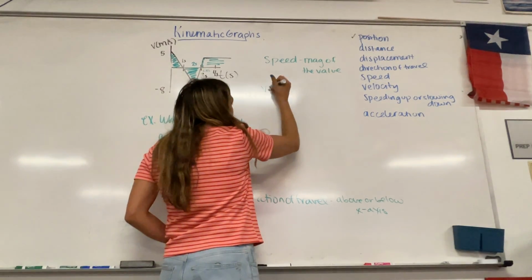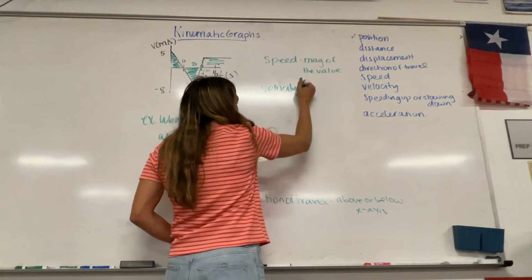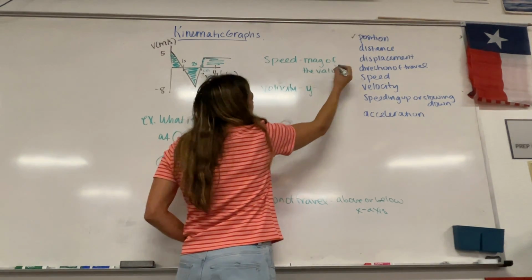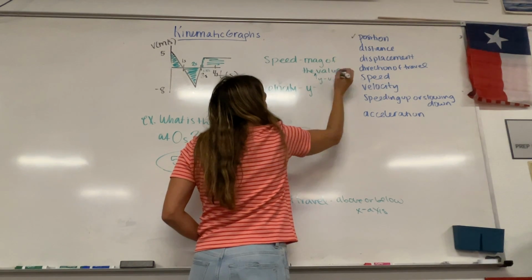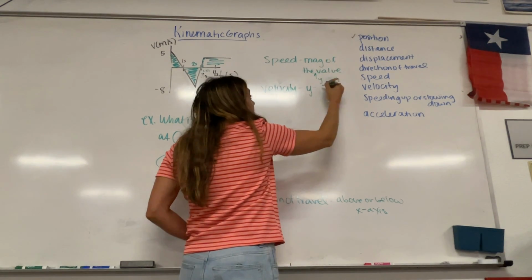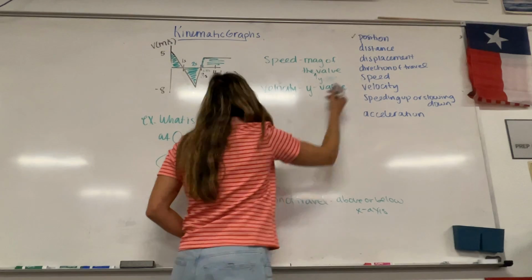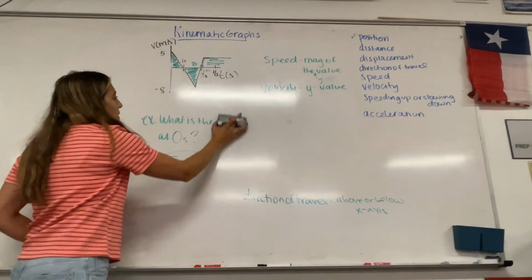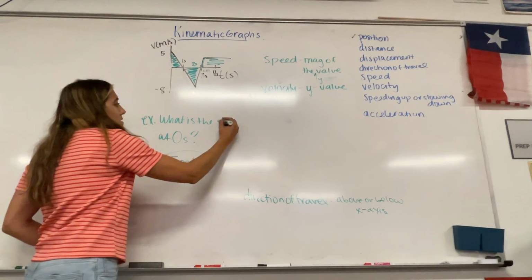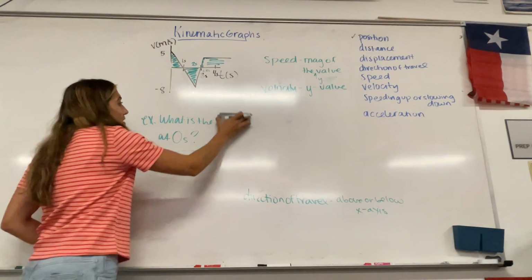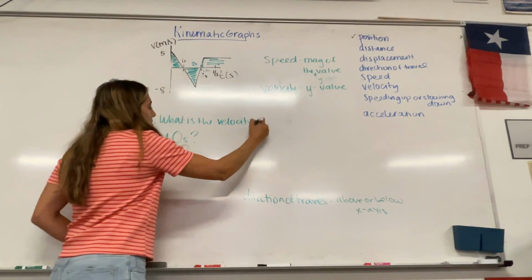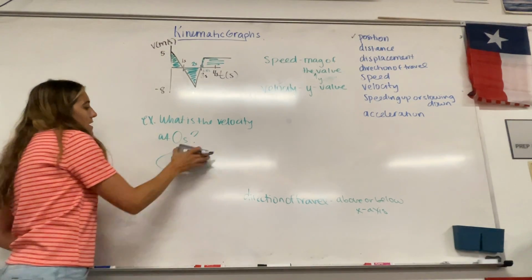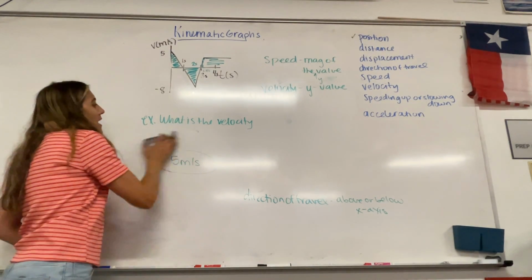Velocity is the y value, whatever it is. So if I want to know what is the velocity at 0 seconds, it would still be 5 meters per second.